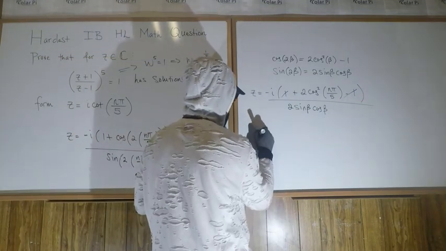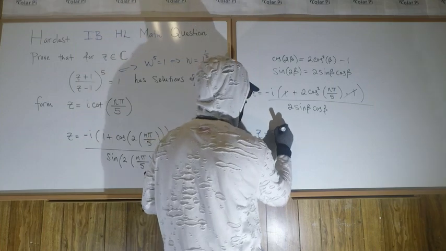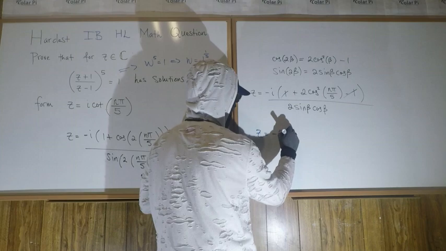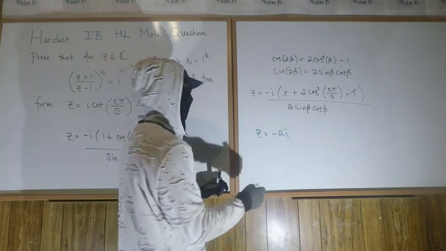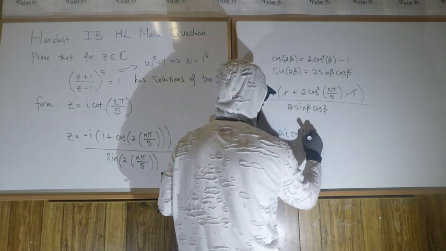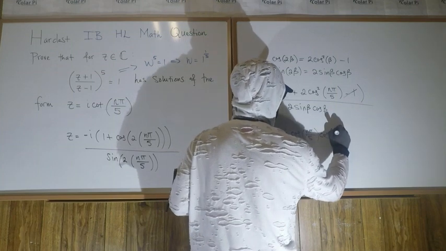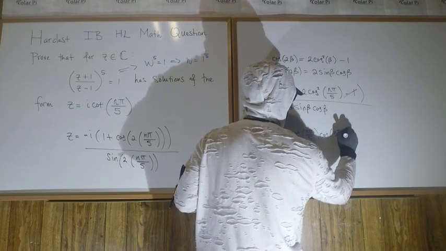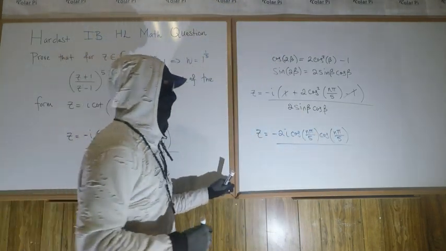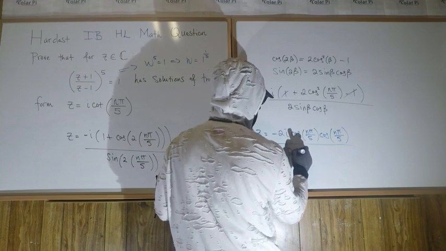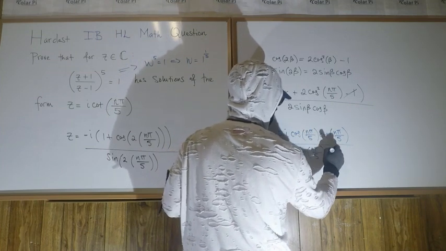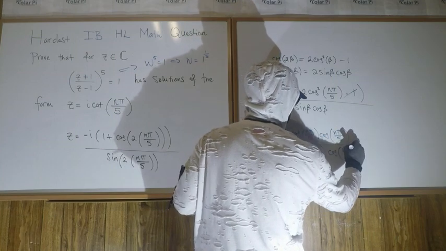So we'll have z is equal to minus I times, and there's a 2 there, so minus 2i, and then it's cosine squared, so cosine n pi over 5 times cosine n pi over 5. And then over, in the denominator it's 2 times sine n pi over 5 times cosine n pi over 5.